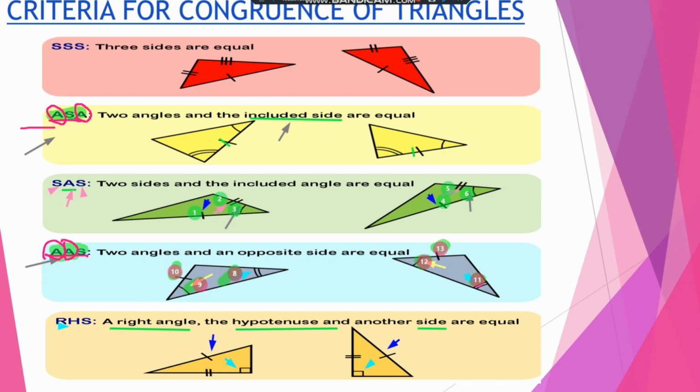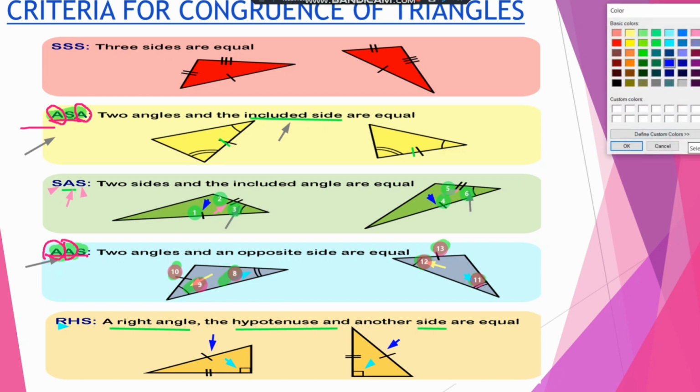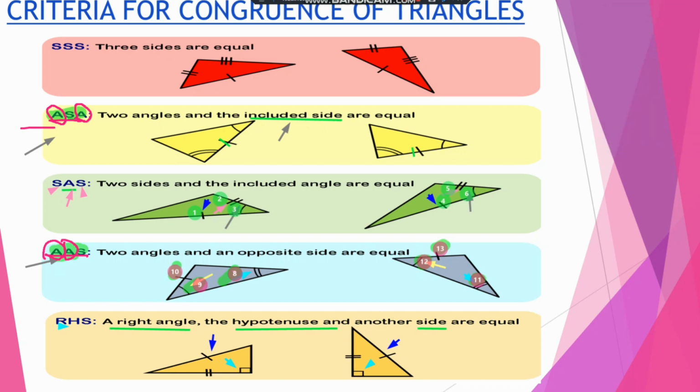And the third is the side. Now which side? It can be any one side other than the hypotenuse which can be equal, either this side or this side. So here they have shown this side equal to this side. It can be the other side also.